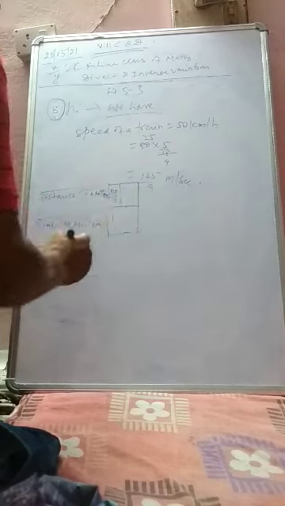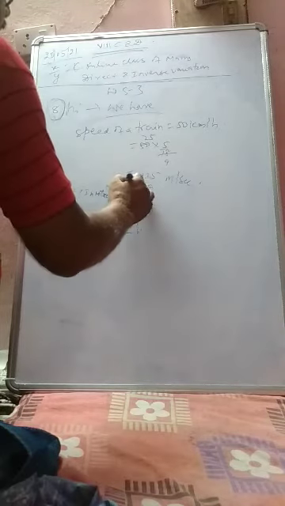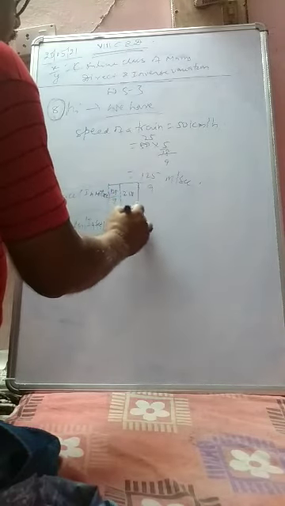Time taken is 1 second. If your distance becomes 250 meters, then what will be the required time taken?